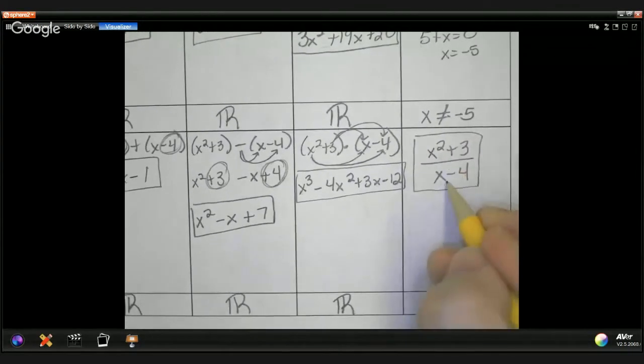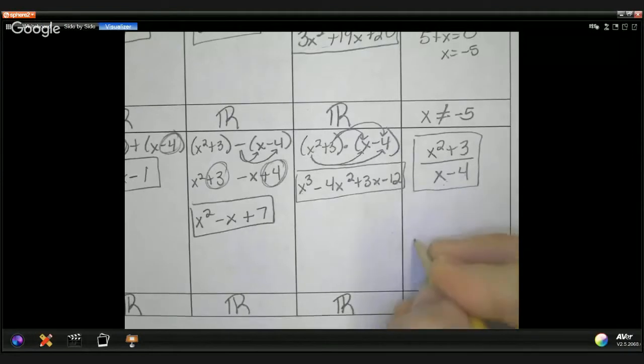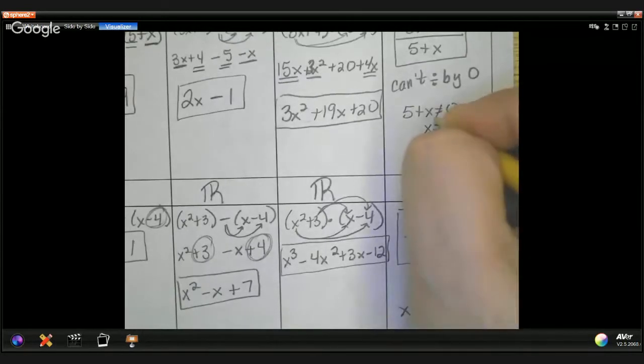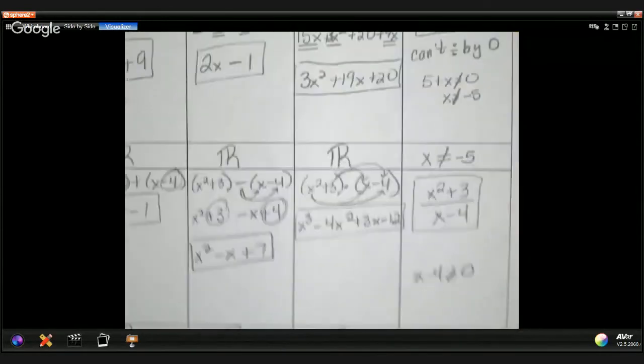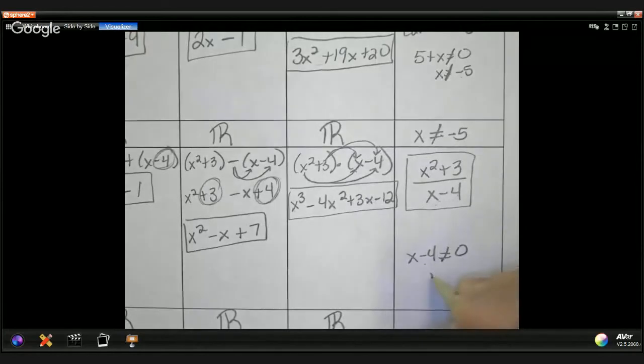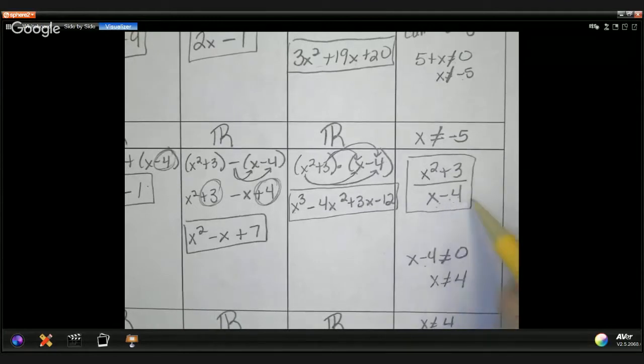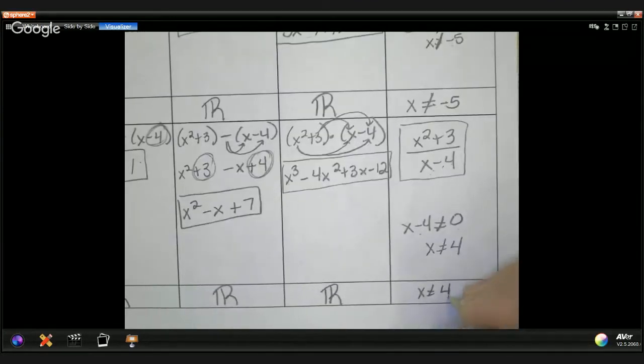But remember, the denominator cannot equal 0. So then maybe that's a better way to write it here, is that it can't equal 0. So if I add 4 to both sides, it's letting me know that my denominator cannot be 4. Because 4 minus 4 is 0. And you may not have a 0 on the bottom of a fraction.